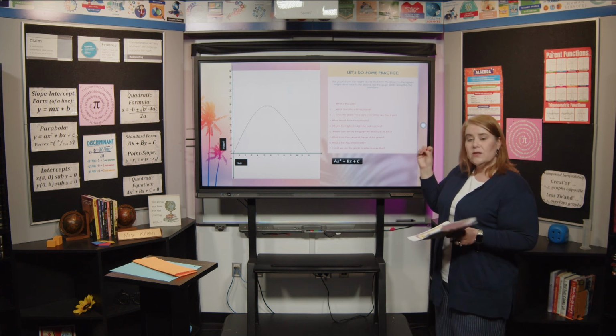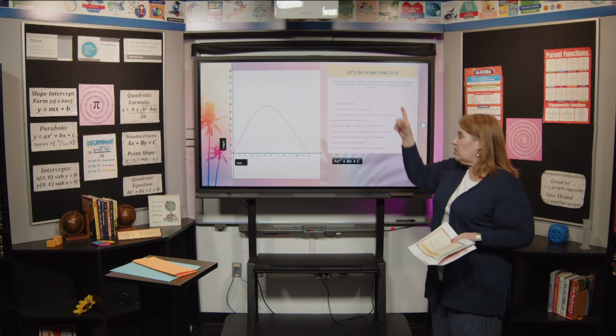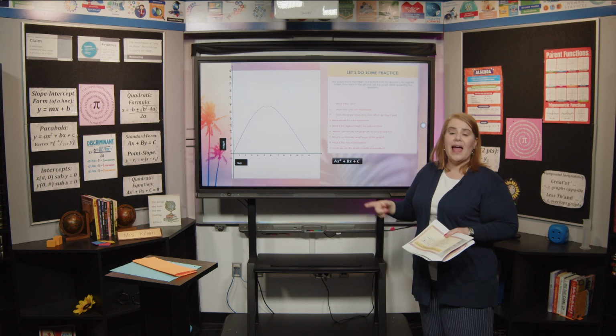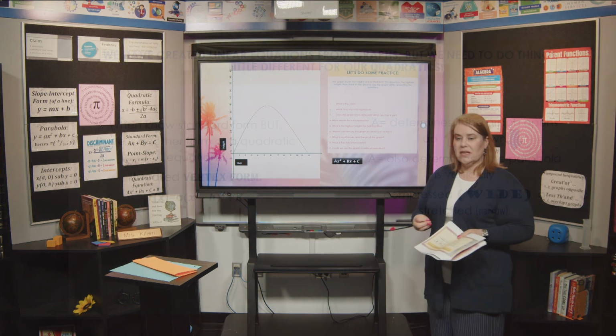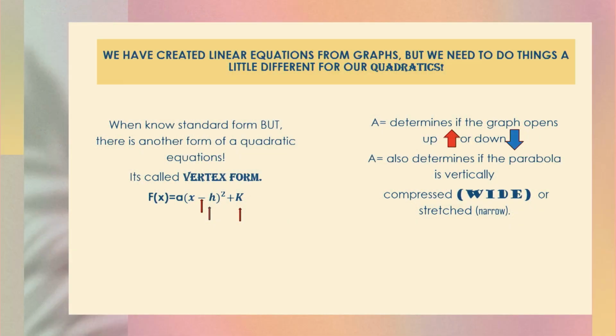So for us to be able to write an equation using this graph, I'm going to have to really focus on that vertex. So let's see what that looks like. We have created linear equations from our graphs, no problem. But now we're wanting to use our quadratic graph and write equations with that quadratic. So let's look and see what this says.